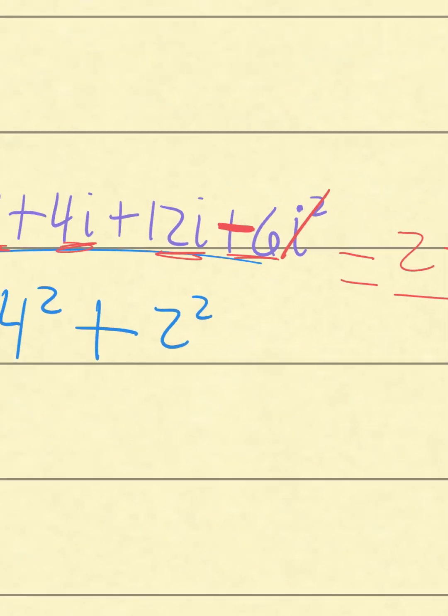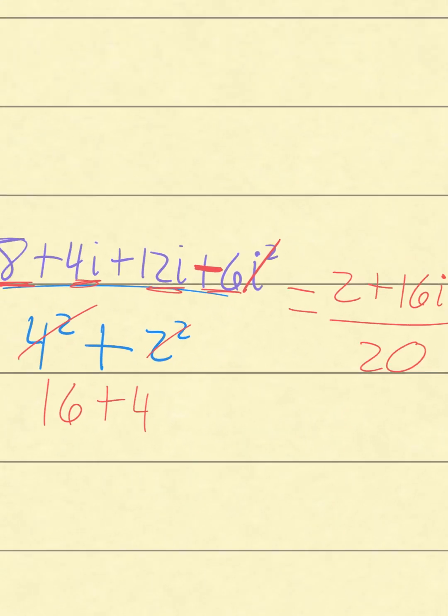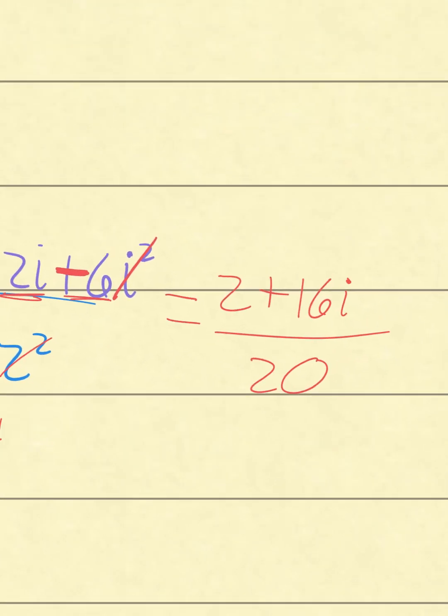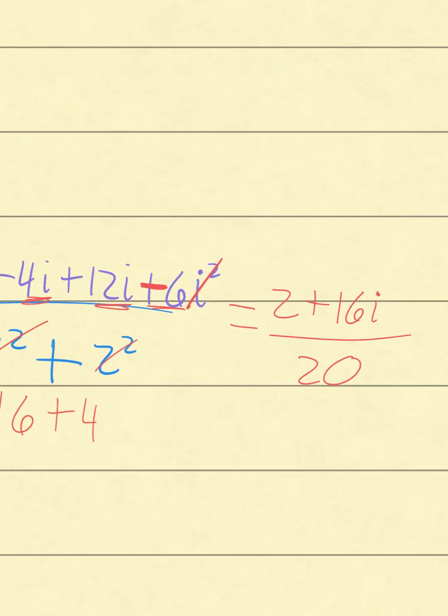All right, over 4 squared is 16, plus 2 squared is 4, so 16 plus 4 is 20. I didn't write it in the directions, but this should be in standard form. What's standard form of a complex number? Standard form of a complex number is a plus bi, right? Your real plus your imaginary. And to get that, we just split up the fraction.